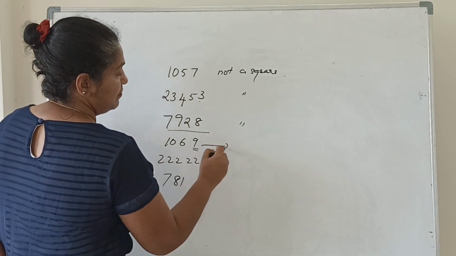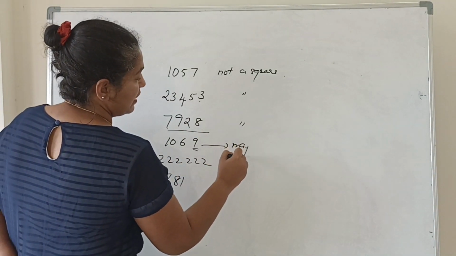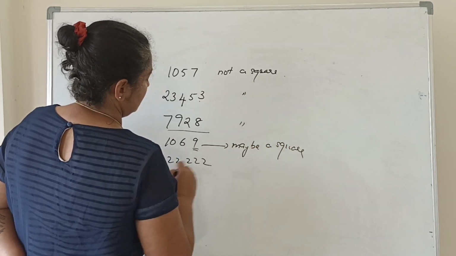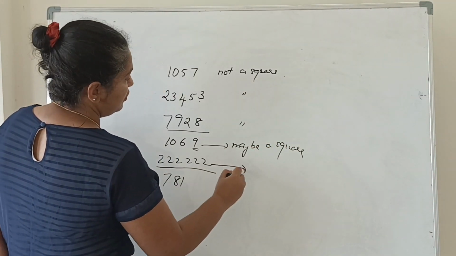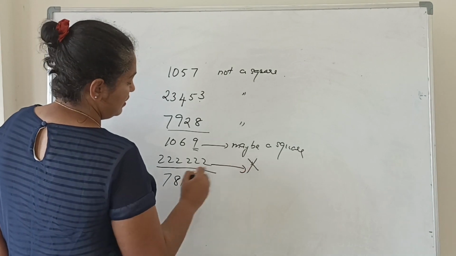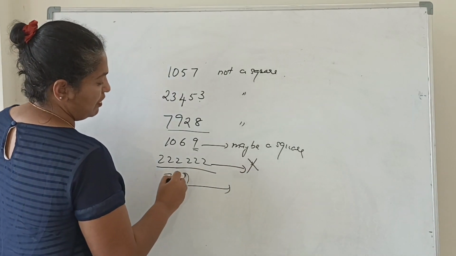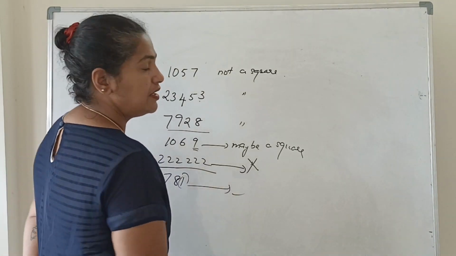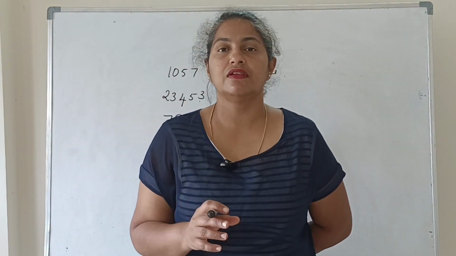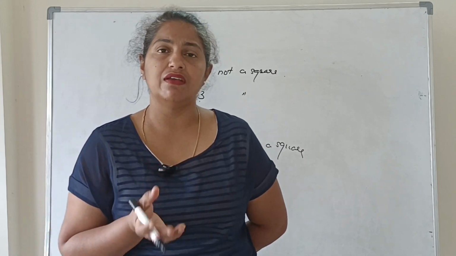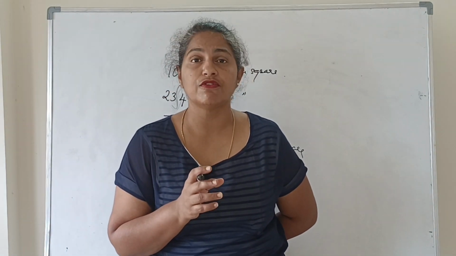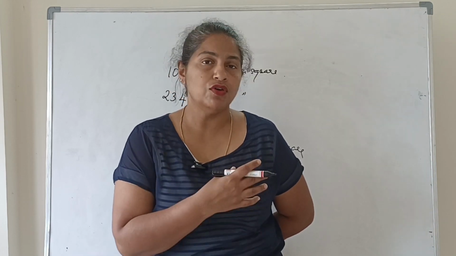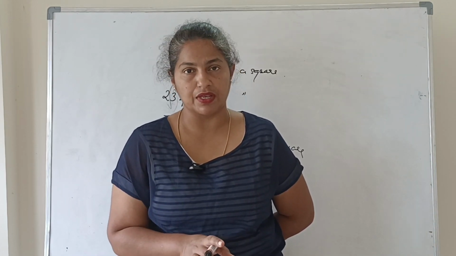Ending with 9, maybe a square number. 222, no way it can be a square number. 781, ending with a 1, there is a chance that it can be a perfect square. So from the last digit, it is always possible to say whether a number can be a square number or not. Certain numbers we can outright say that no way this is going to be a perfect square.